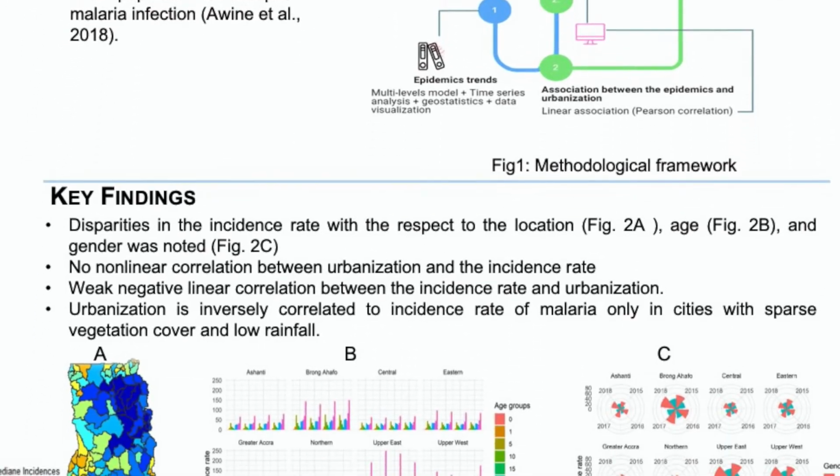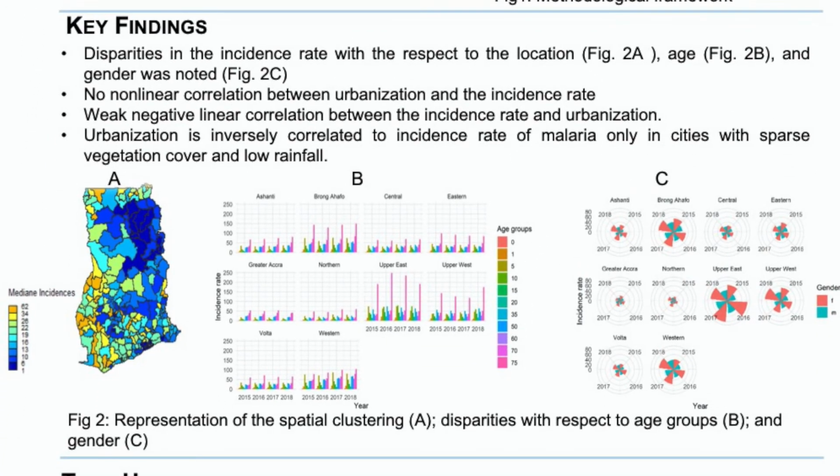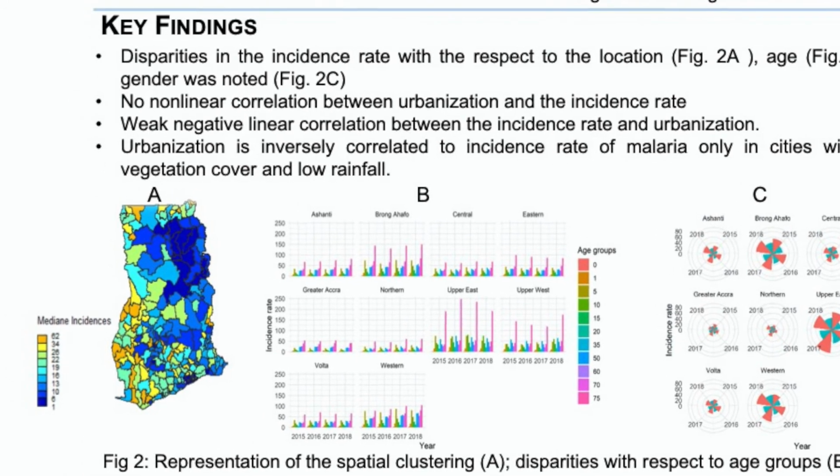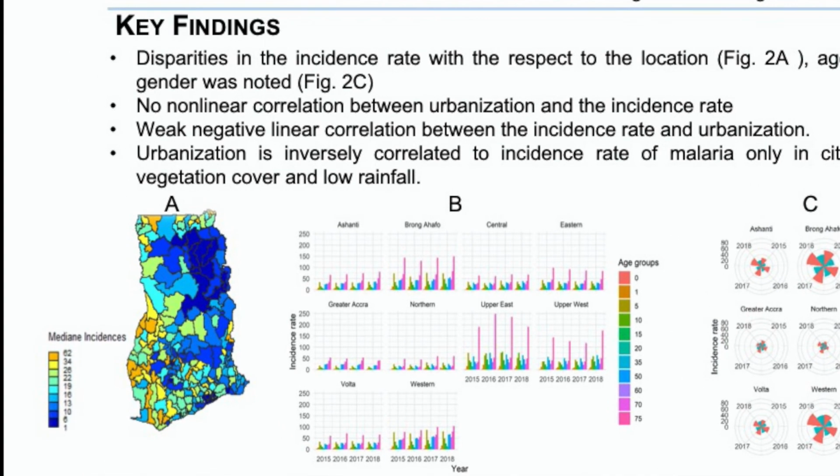As a key finding, there is a significant statistical difference in malaria epidemics between districts, years, and social demographic groups. As we can see on our left-hand side, there is an east-west gradient of malaria incidence, with higher incidence observed in the eastern part of Ghana.